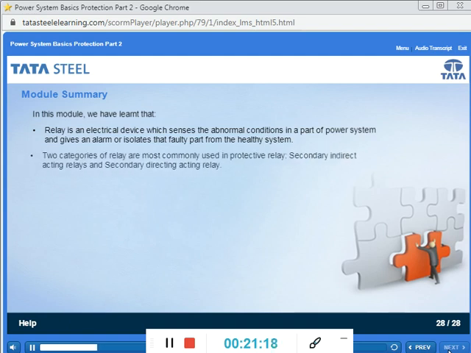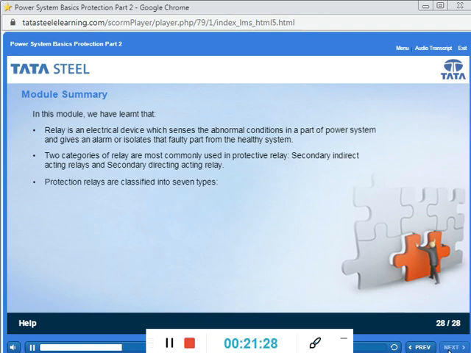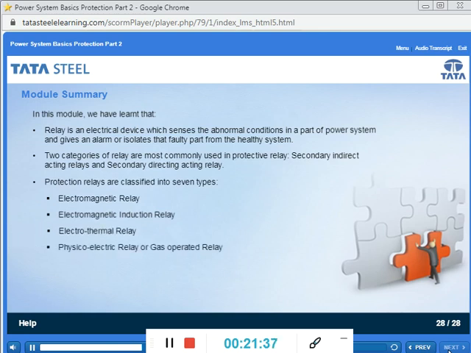Two categories of relay are most commonly used in protective relay: secondary indirect acting relays and secondary direct acting relay. Protection relays are classified into 7 types: electromagnetic relay, electromagnetic induction relay, electrothermal relay, piezoelectric relay or gas-operated relay, static relay, digital relay, and numerical relay.